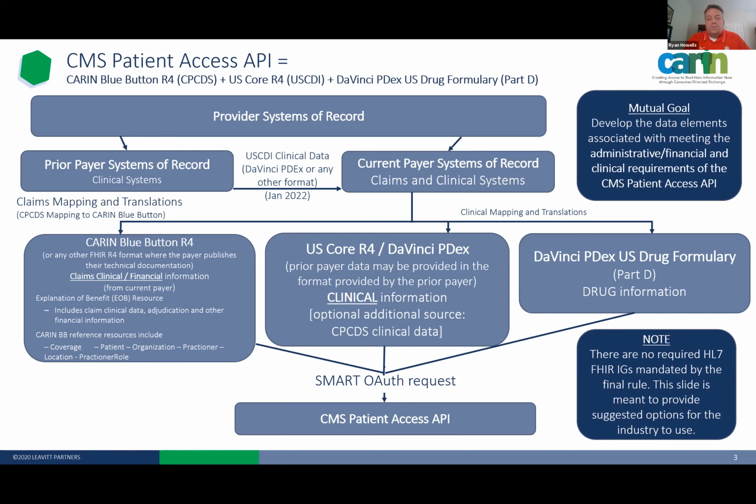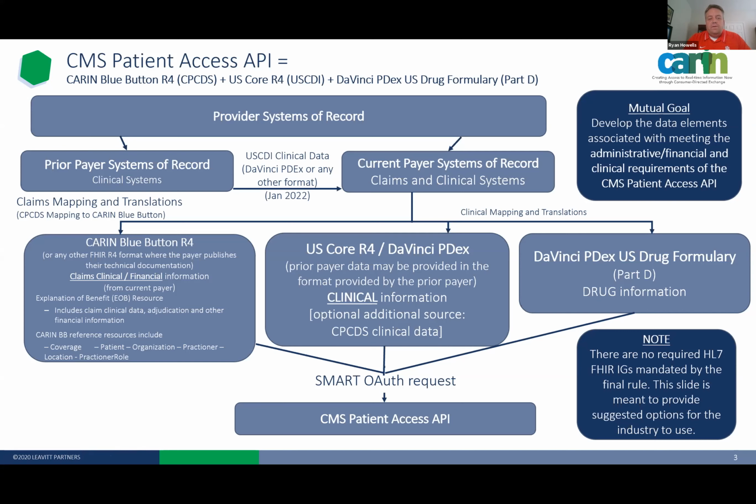The answer to that question is no. In fact, there are no FHIR implementation guides that are required under the CMS final rule. There are suggested FHIR implementation guides under the CMS rule, where CMS has provided some implementation guidance for developers and payers alike to make that happen.